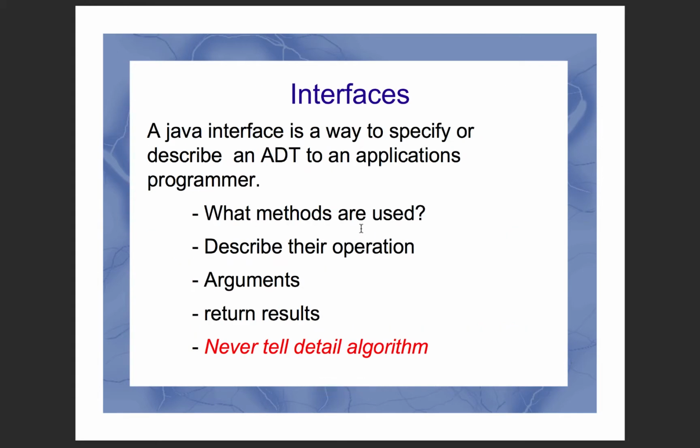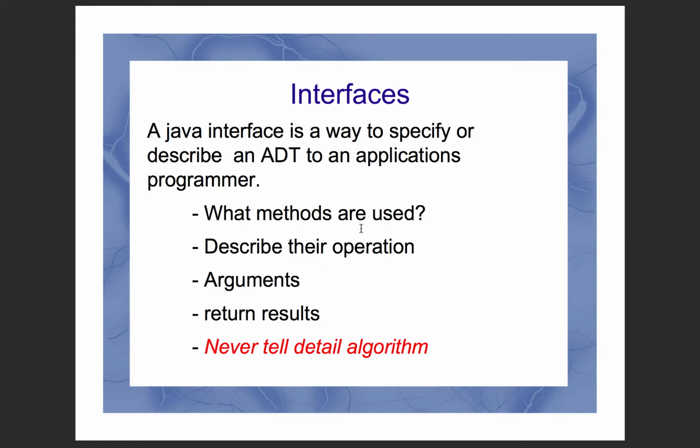Interface is one implementation, one idea of abstract data type applications. We'll see one example of how to write an interface. An interface basically says what methods are used, their descriptions, arguments, and return results, but an interface never tells about the implementations or any algorithms.